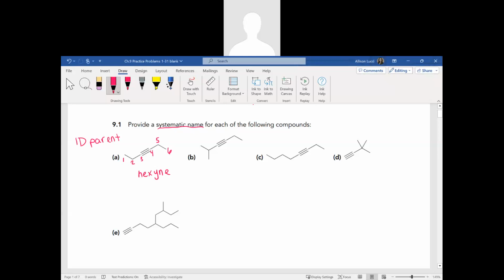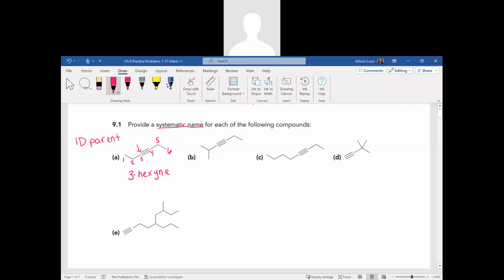There's no substituent, so we don't have to name anything else. Besides that, we have to provide a locant for the position of the triple bond, and that's always the lowest carbon that starts the triple bond. So we have between 3 and 4 here. So this will be 3-hexyne.